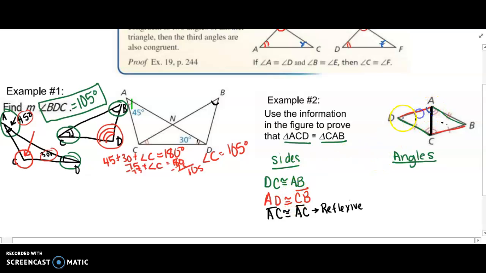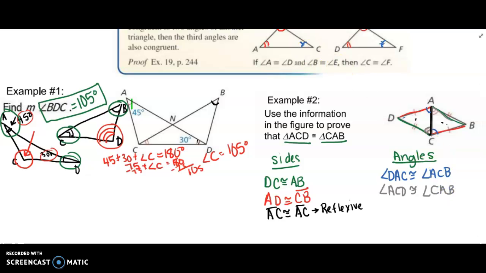So angle DAC has 1 arc, and so does angle ACB. Angle ACD has 2 arc marks. That's congruent to angle CAB.